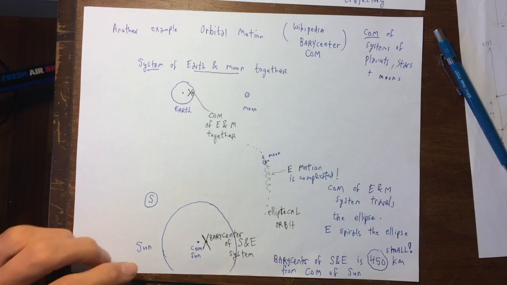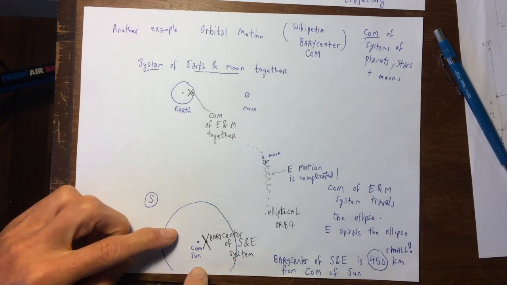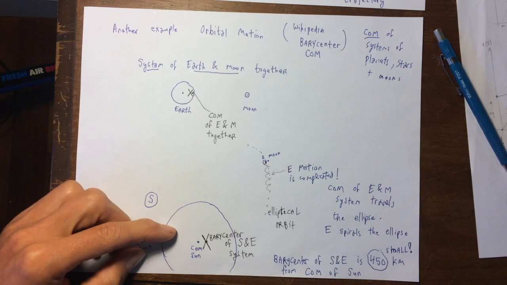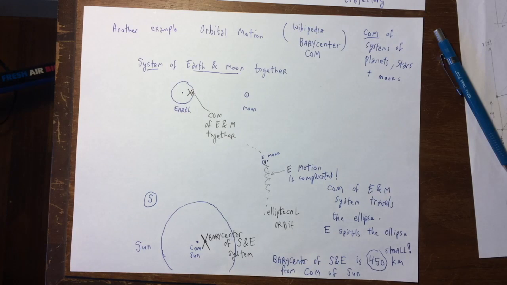And the reason is because the mass of the sun is gigantic compared to the mass of the Earth plus the moon, like by orders and orders of magnitude.